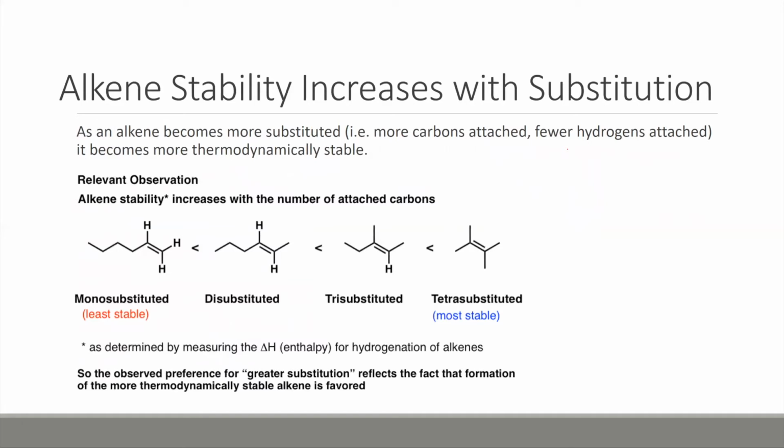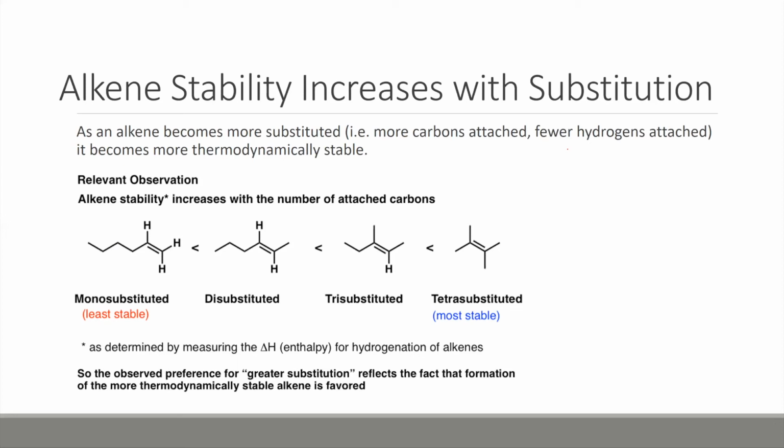And that's because alkene stability increases with more substitution. We talked about this in our last section, 7.1, when just talking about alkenes and double bonds in general. Remember that the more substituted your double bond, the more stable you are, and that's because these carbon groups actually offer some stability via electron donation.